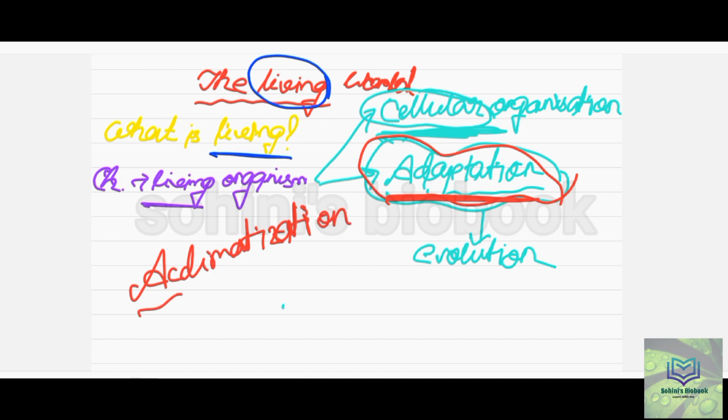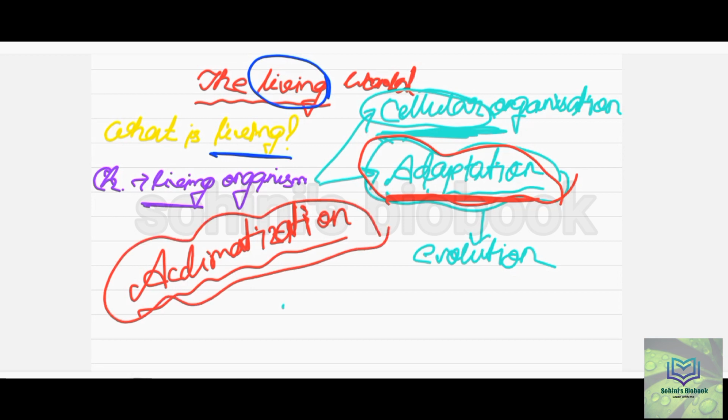Acclimatization is, for example, when you move to a place that is very cold for some days, so you wear sweaters, jeans and jackets to protect yourself from the cold. So this is acclimatization. That means you are temporarily protecting yourself by acclimatizing to the environment, not by adapting, not by developing some protective nature yourself, but by protecting yourself with some non-living things.